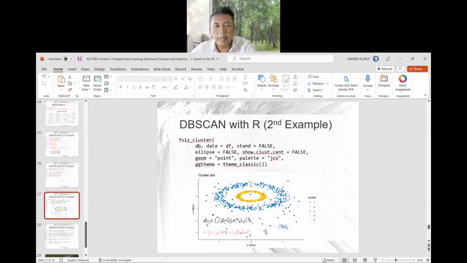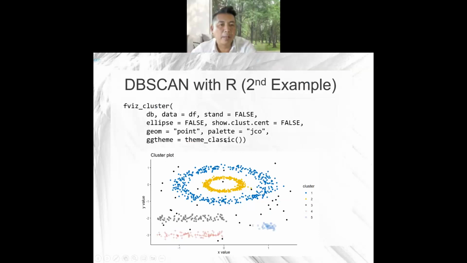Okay, so in this one we have the geometry here, which tells you whether we show the center or not. So this is false, meaning that we will not show the center. Because for example, like the blue one, it's better just to show the membership of the cluster only.